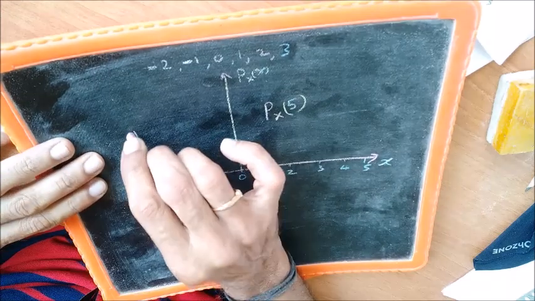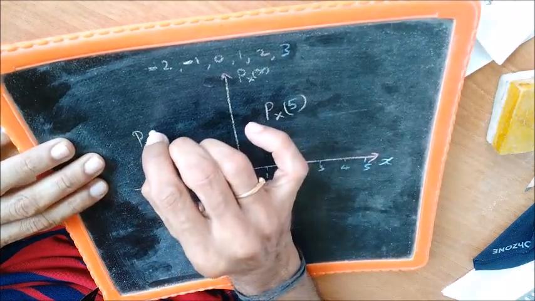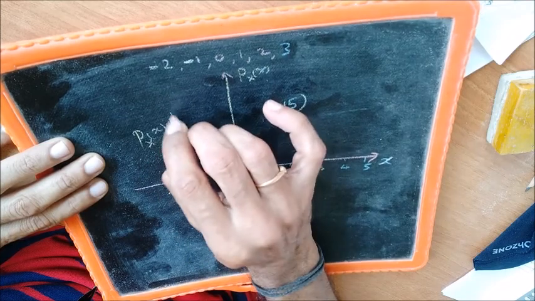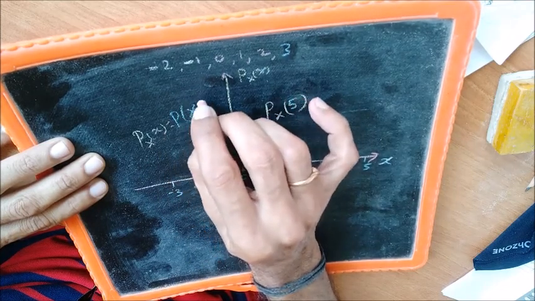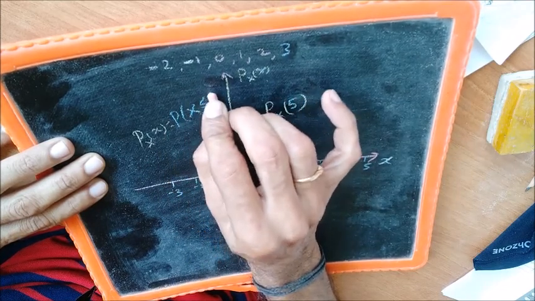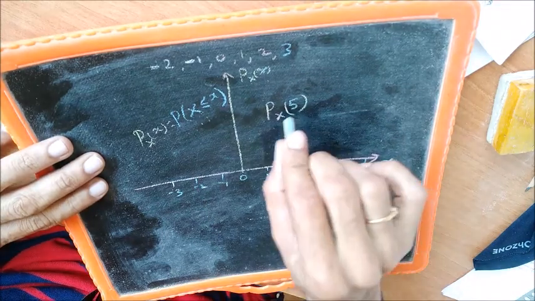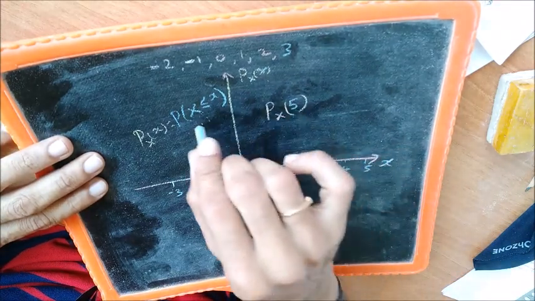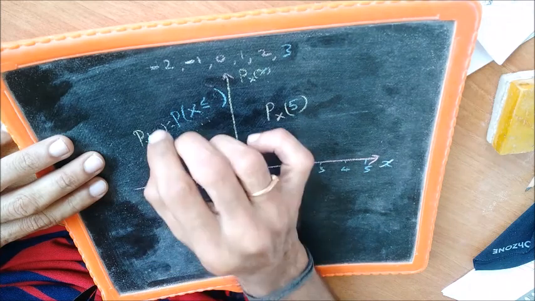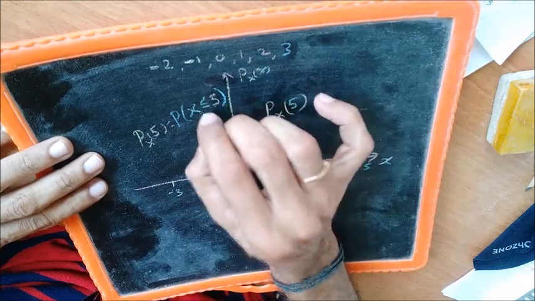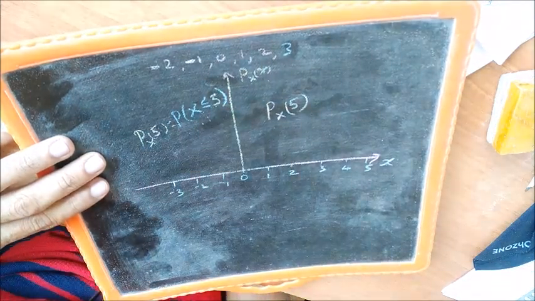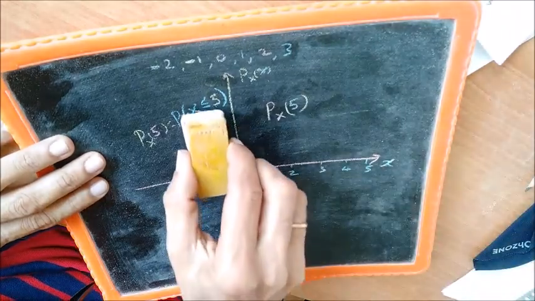So remember the definition. This is the probability that the random variable x takes a value less than or equal to small x. So when small x is 5, it's akin to asking the question, what is the probability that the random variable x takes a value less than or equal to 5.